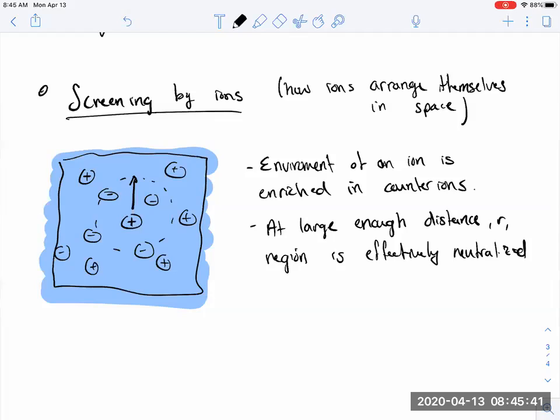That's what we mean by screening. Screening is the accumulation of counter ions around a tagged ion.